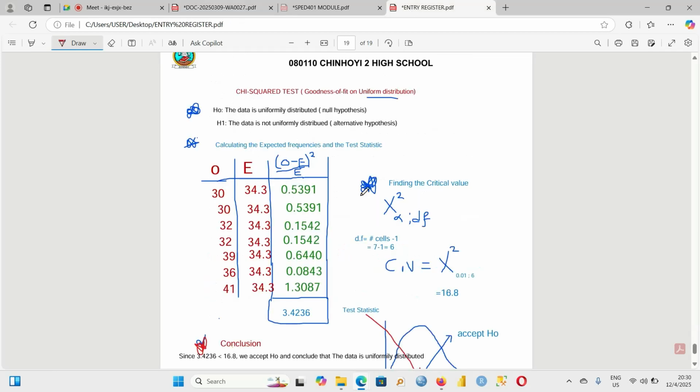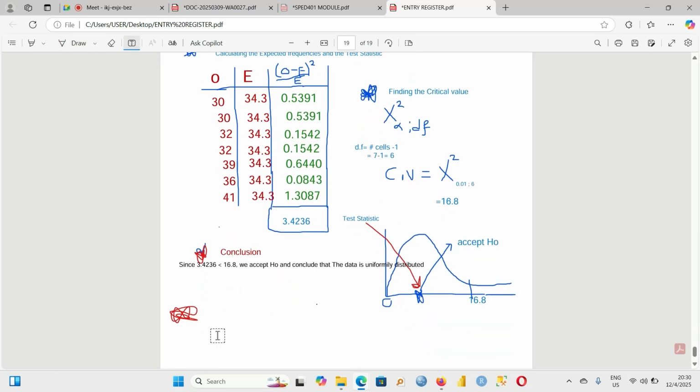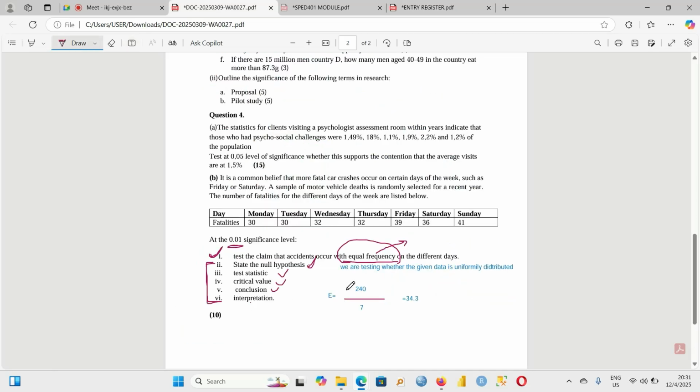That is the interpretation. What are we saying on interpretation? Let me copy this one.